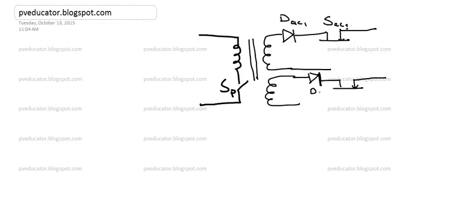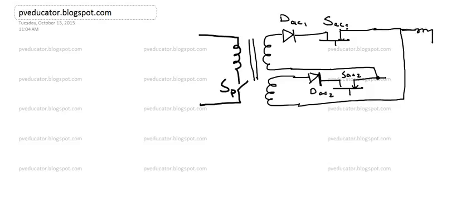This is known as DAC2 and this is known as SAC2. This point is connected with this point, and this is connected with this point, and across this we have a simple second order circuit, and here we will connect our load, which is our grid.